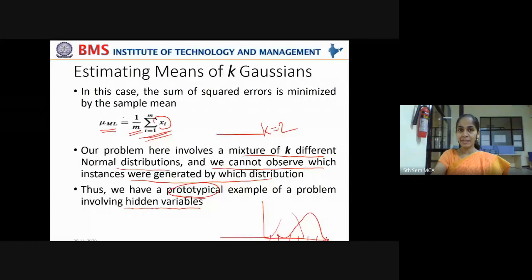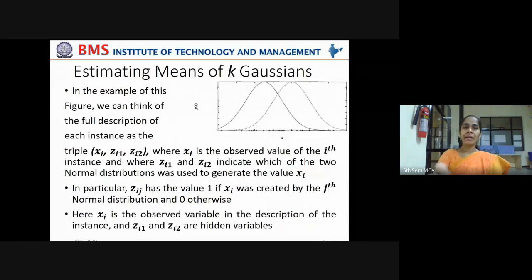Some of the data is known, some of the data is unknown. Now our task is to calculate the unknown data from the known data by using the expectation maximization algorithm.